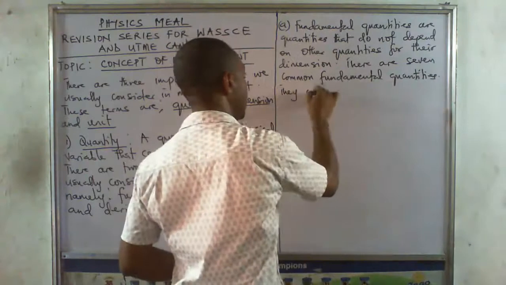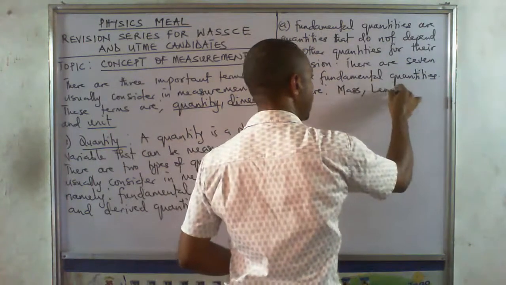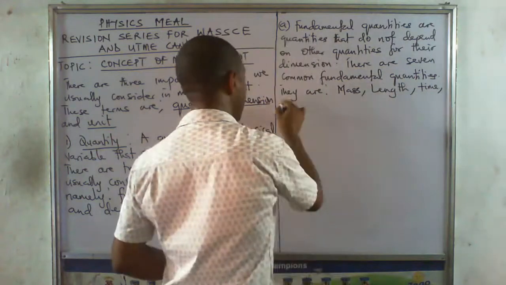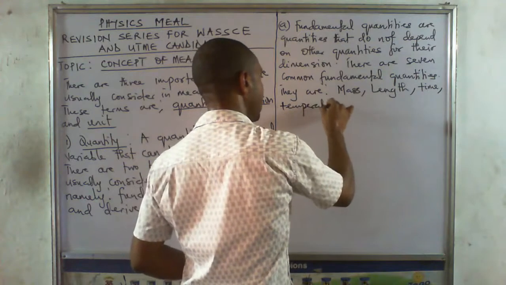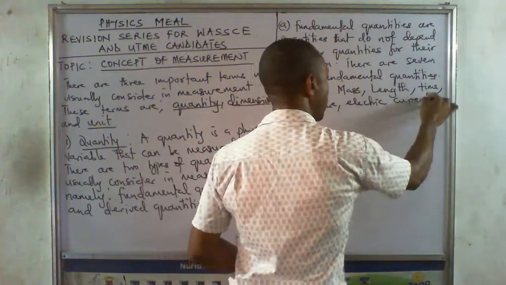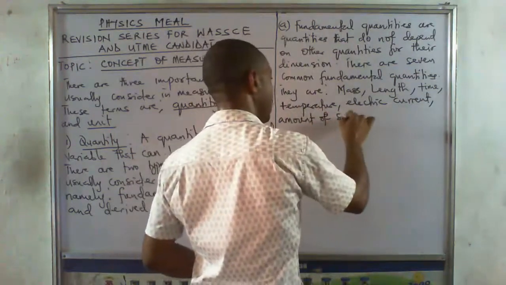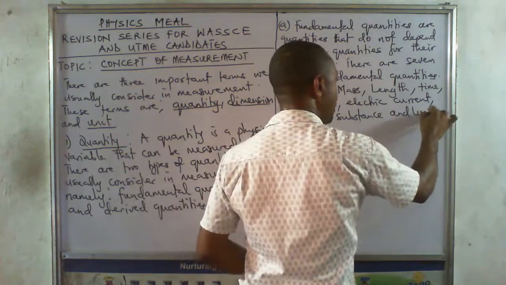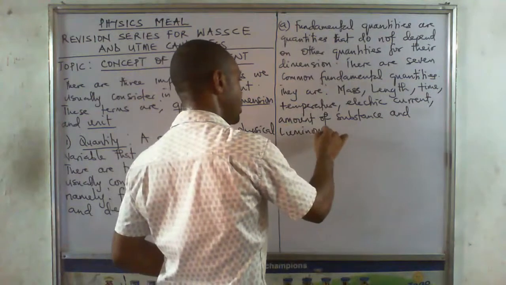We have what we call the mass, we have the length, we have time, we have absolute temperature, we have electric current, we have amount of substance, and what we call luminous intensity.